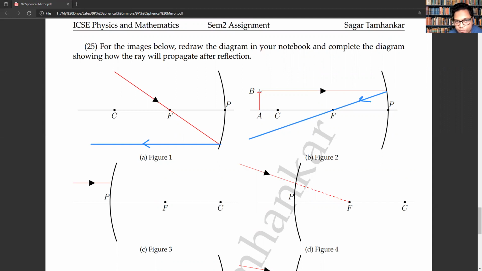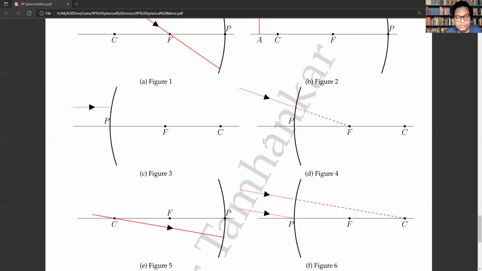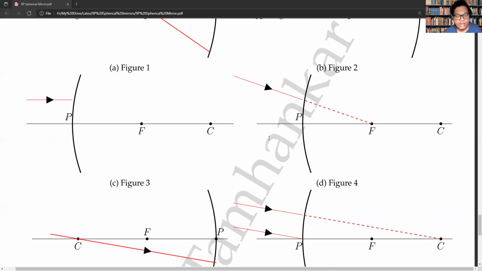Of course, if you wish to find an image for this, then you can draw another ray, and wherever they meet, that will be the point where the image will be formed. Okay, so this is clear. Then for another set of rays, figure numbers 3 and 4.